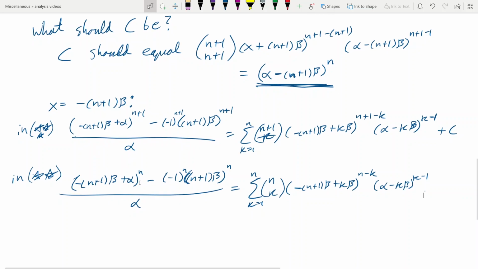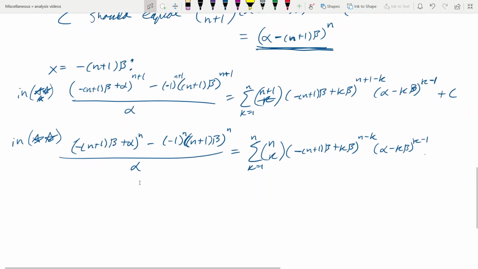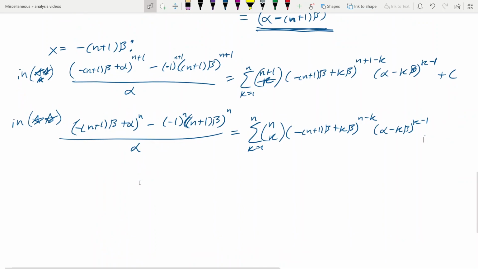So now, this just looks like an enormous mess. But there is a little bit of hope, because these two terms almost match. See, the only difference is the powers here.